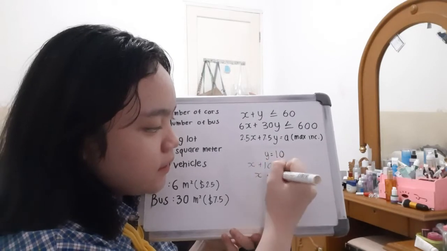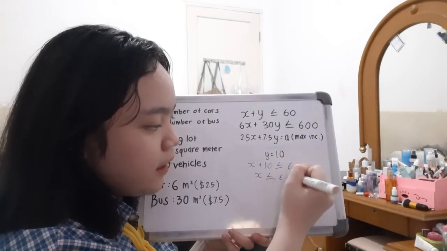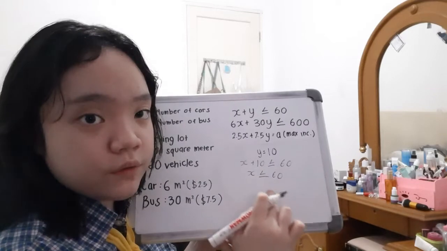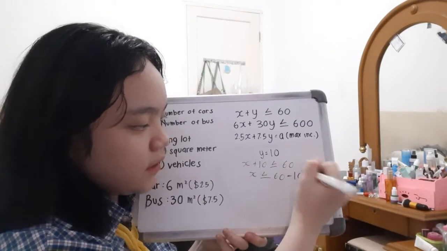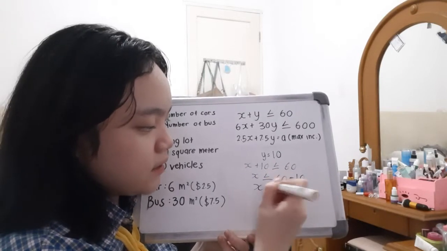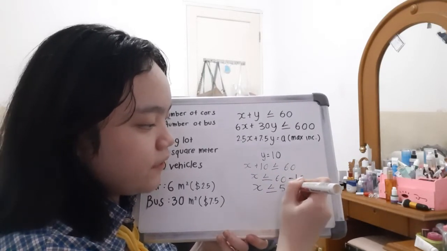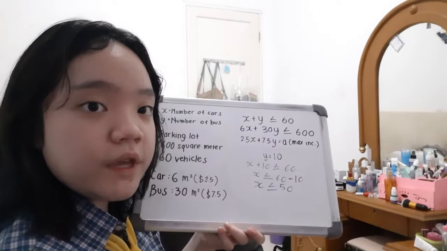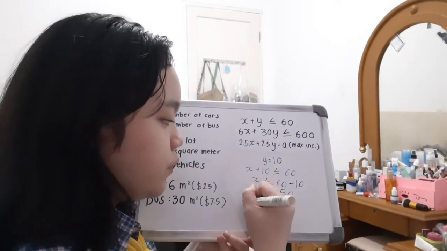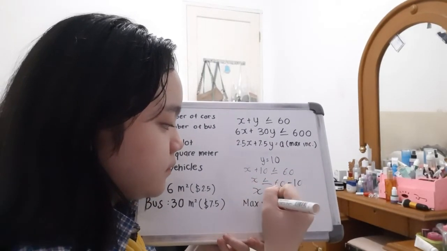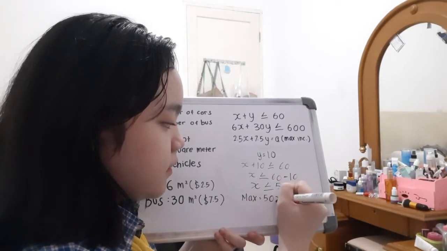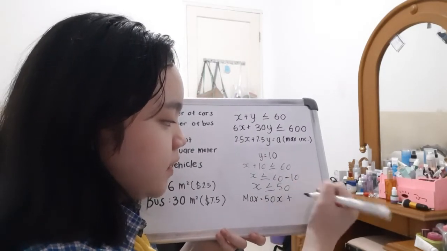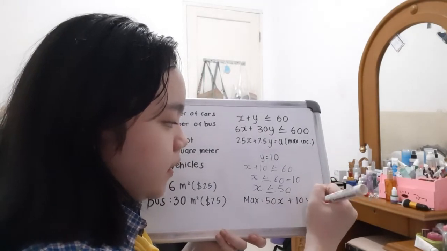Remember, if we move it to the other side, we need to change the sign, from positive 10 to negative 10. So x is less than or equal to 50. From this, we know that to gain the maximum income, we need 50x, or 50 cars, plus 10y.